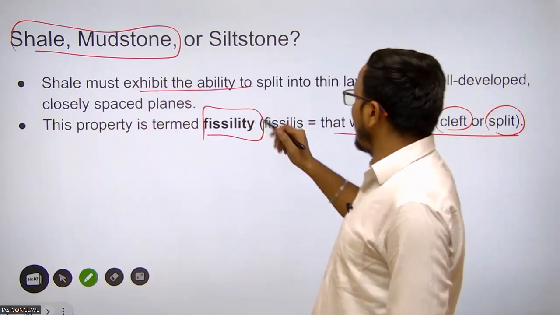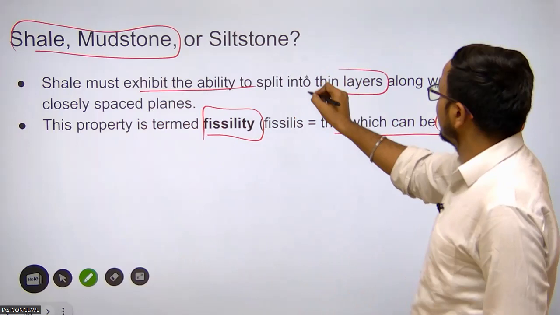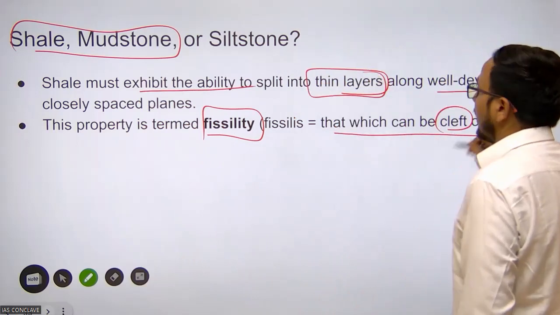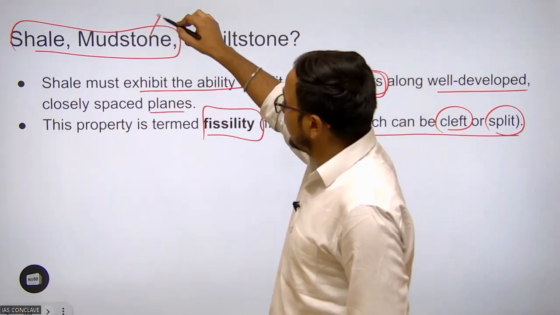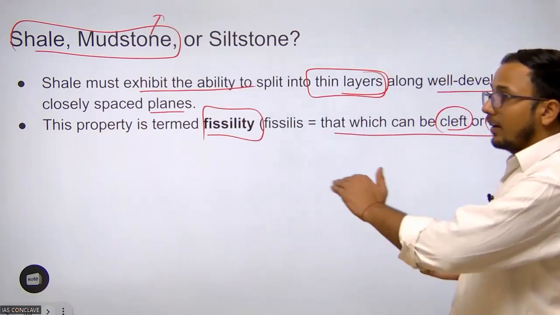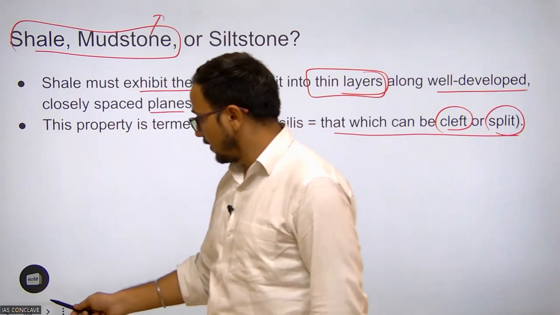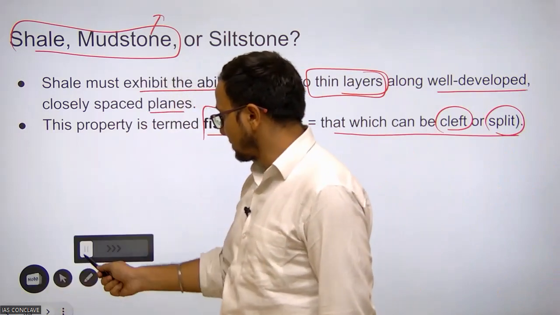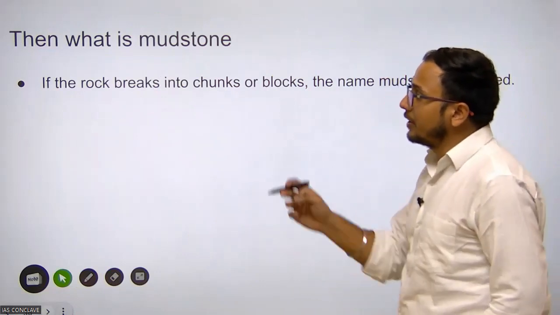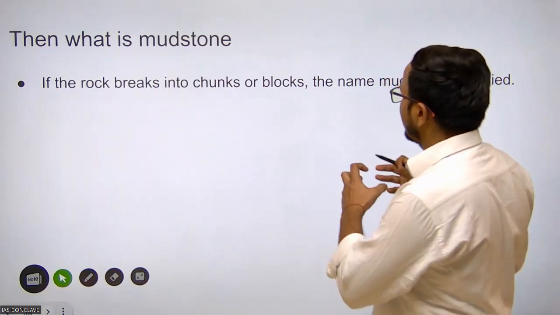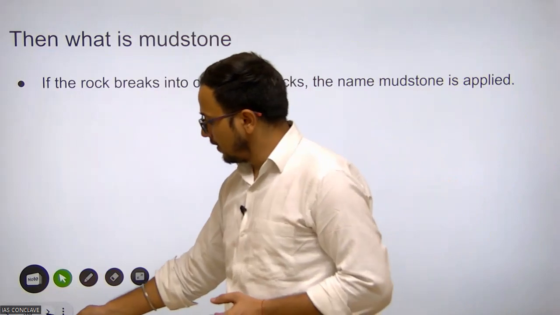The shale must exhibit the ability to split into thin layers along well-developed, closely spaced planes. But if you look at the mudstone, it does not break along the plane. Then what is mudstone? If the rock breaks into chunks or blocks, we call it mudstone.